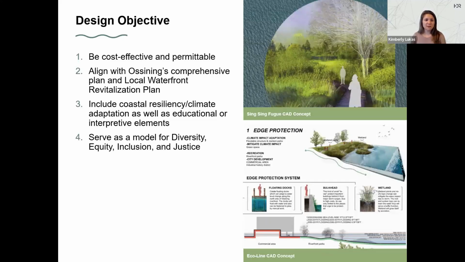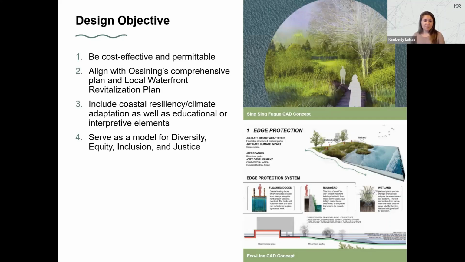So the primary design objectives for the phase 2 program is that we propose a project that is not only cost effective, but able to be permitted through the state and other federal agencies, just so that it's a tangible project that can see its way through design and construction. We also made sure that the project aligns with Ossining's comprehensive plan and the local waterfront revitalization plan.